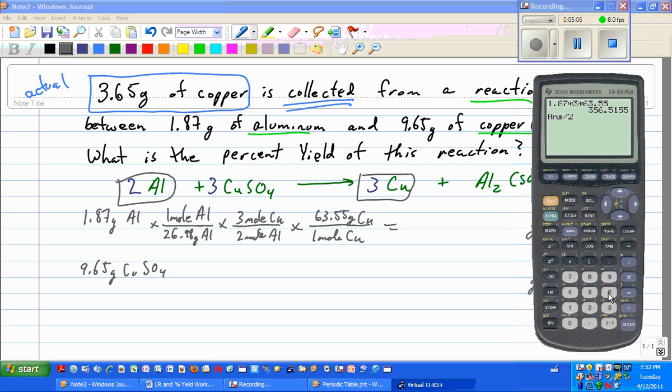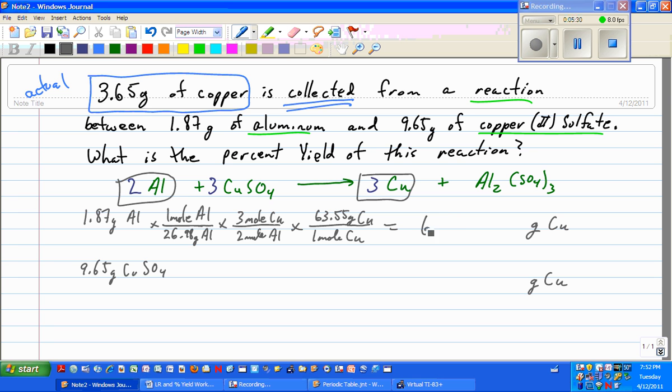I'm going to divide that by 26.98, and then divide that by 2, and I get 6.61 grams of copper with sig figs. I don't know if that's what I need yet because I'm looking at the reactant that produces the least amount of copper. So I do the same thing with copper 2 sulfate.